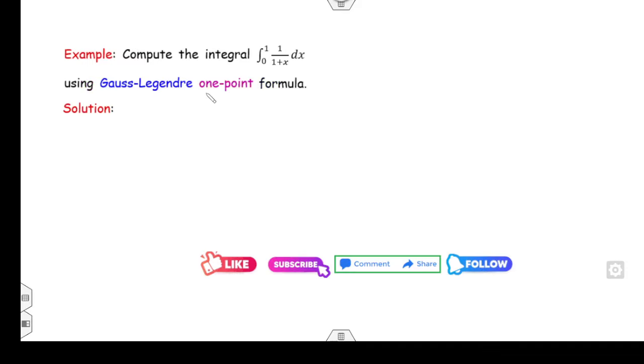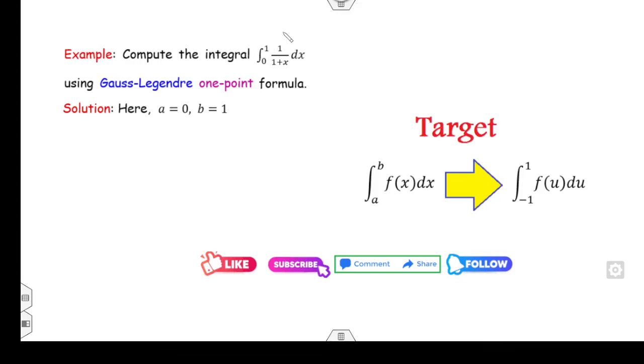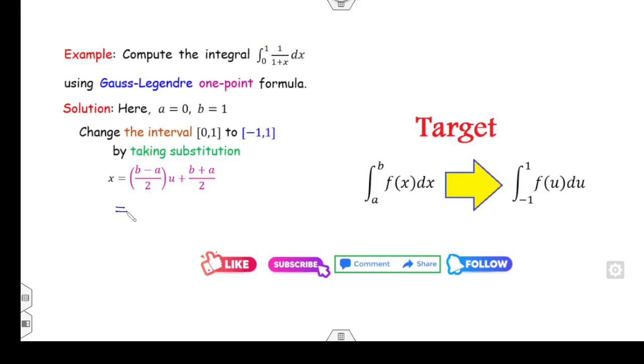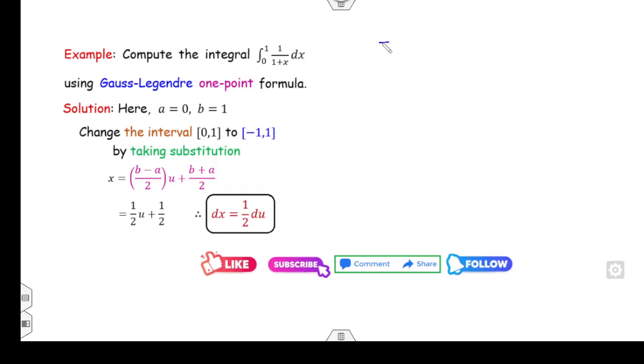Compute the integration by using the Gauss Quadrature 1-point formula. Again, the limit is not from -1 to +1. I can use the substitution (b minus a)/2, (b plus a)/2. You can find the value of the dx. You can substitute the value in the given integral -1 to +1, 1 over (u plus 1) divided by 2, half of du.